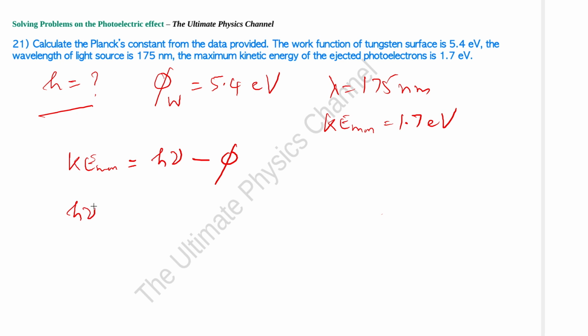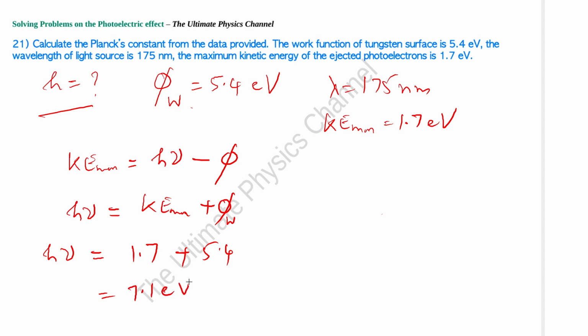So h nu is KE max plus the work function. So h nu is the energy of the incident photon. KE max is given as 1.7 eV, and then this is phi for tungsten, that is given as 5.4 eV. So in eV units, if we work out, it is 7.1 eV for h nu.